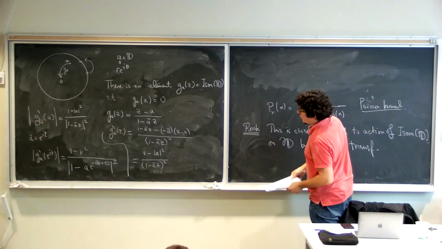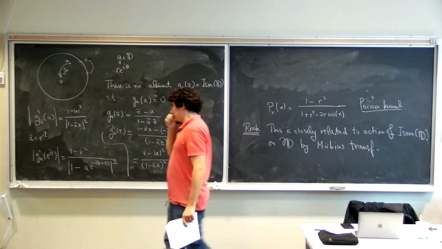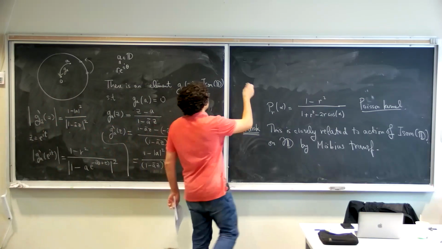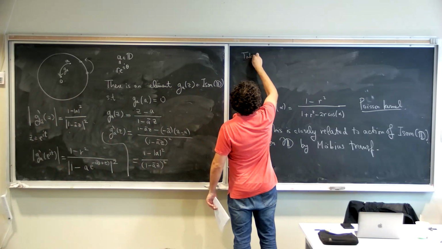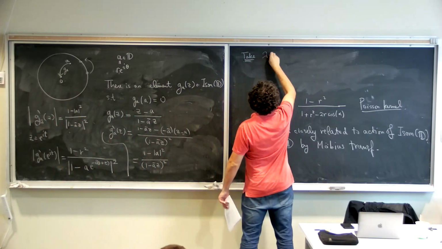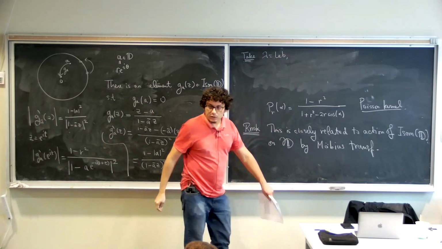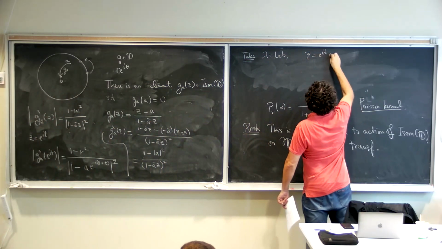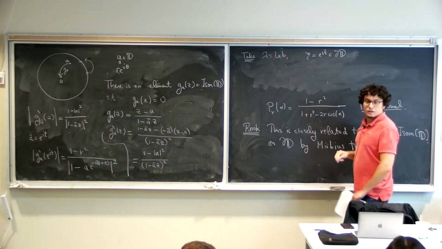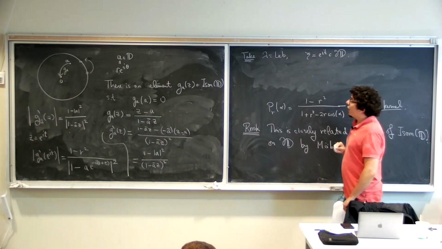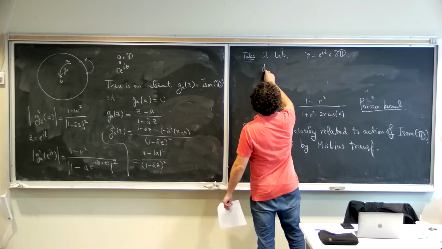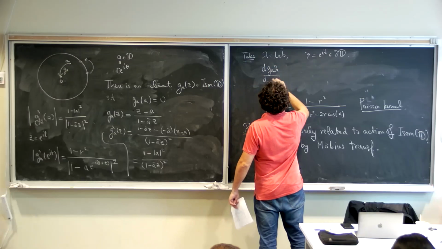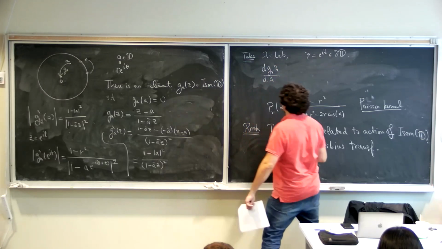So the observation is that if you take lambda, Lebesgue measure, and you take a boundary point psi, which is e to the it, and now look at the action, the Radon-Nikodym derivative of g_A lambda with respect to lambda.